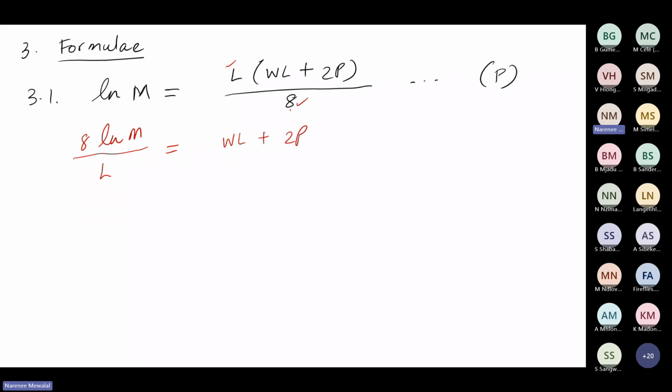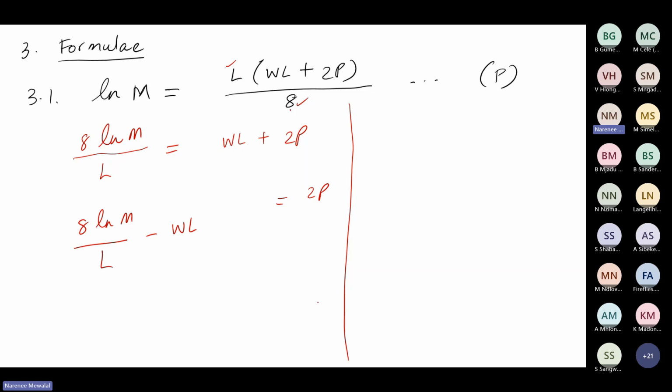And so you can say your 2P is equal to 8 ln M over L minus WL.